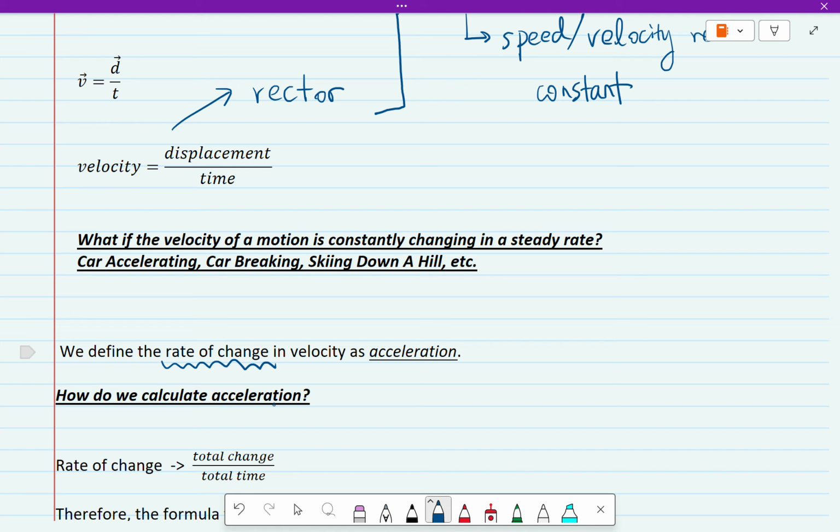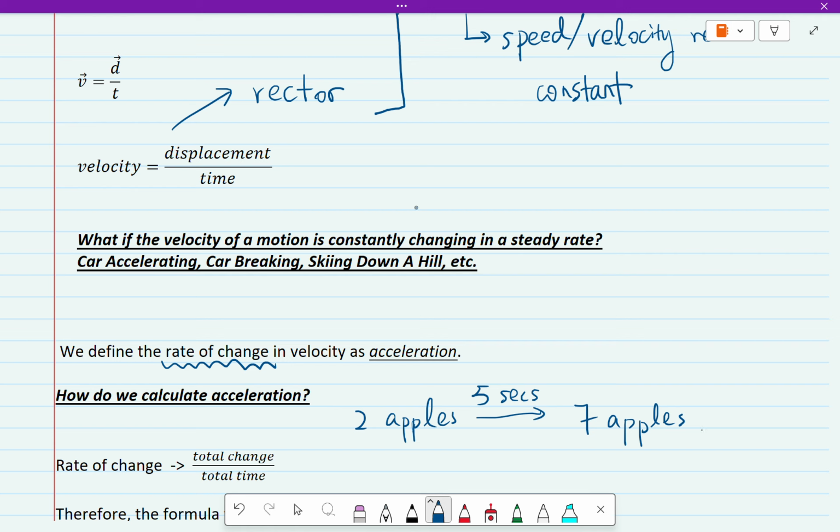Such as if we have, let's say, 2 apples, and after 5 seconds, it becomes 7 apples. So, at what rate did we add more apples into this system?